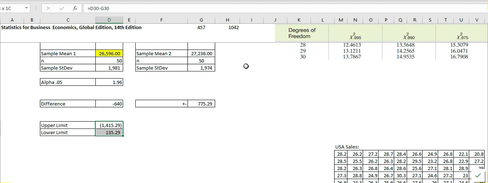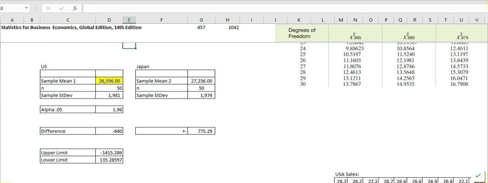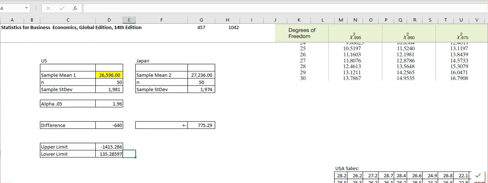So now we can determine that the difference in price between US prices and Japan prices in terms of cars is around negative $1,415 to $135.